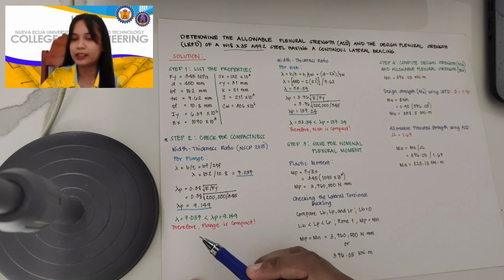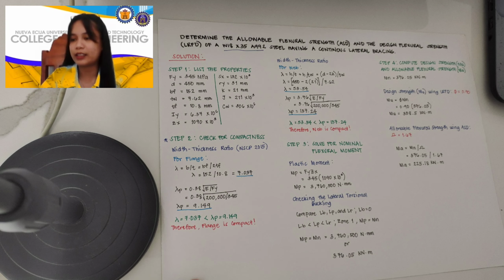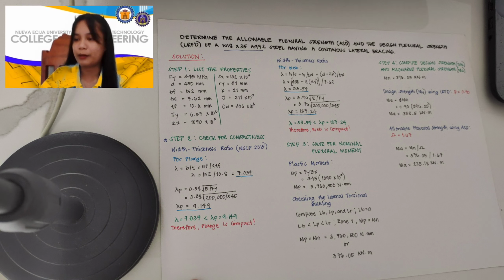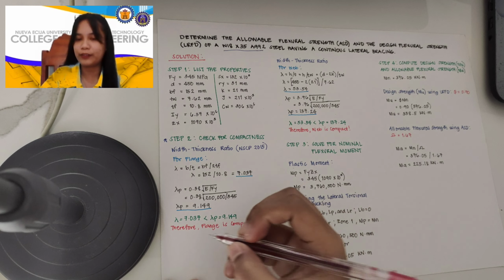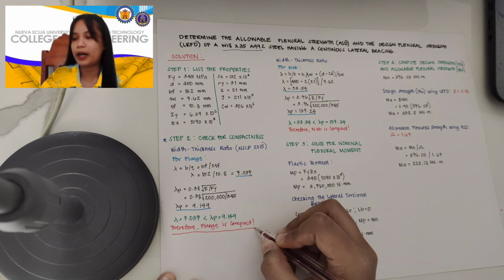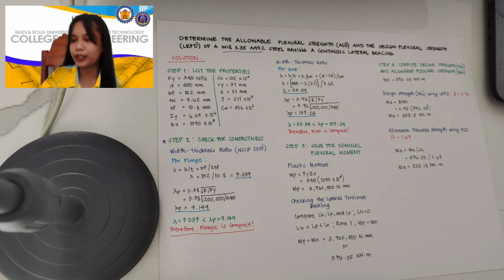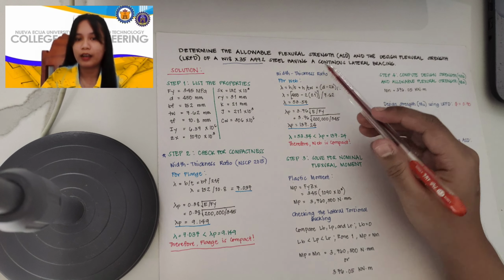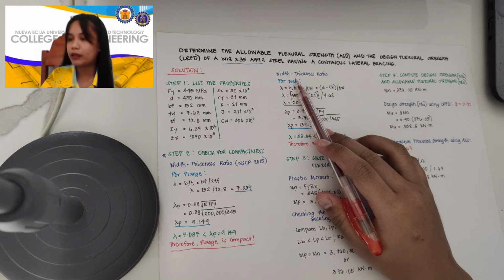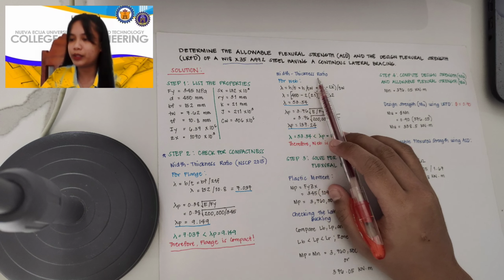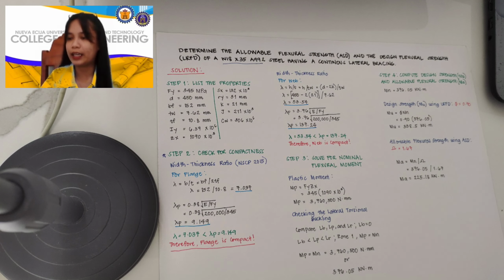Kapag mas malaki kasi yung lambda p natin sa lambda natin, therefore matatawag natin yung flange natin is compact. Next, for the stiffened elements, which is the web, yun ang ating stiffened elements.